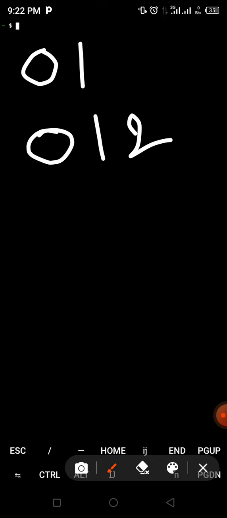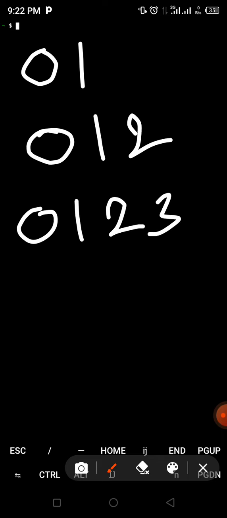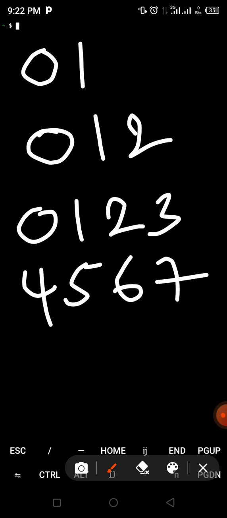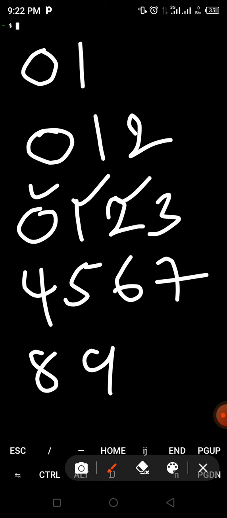So base 10 and so on is going to be 0, 1, 2, 3, 4, 5, 6, 7, 8, 9. So we don't have 10, but make sure that it's 10 numbers. If you count that, we have 1, 2, 3, 4, 5, 6, 7, 8, 9, 10. You can see that.